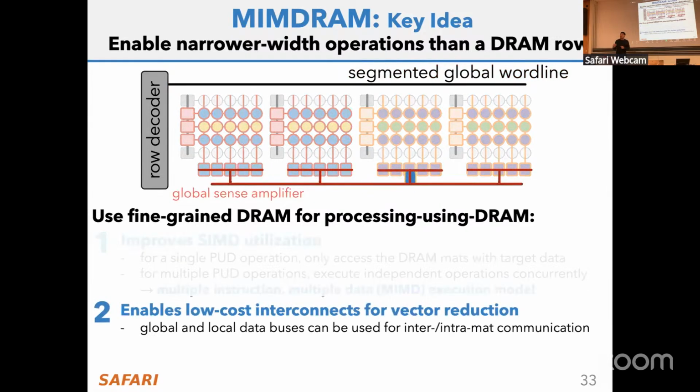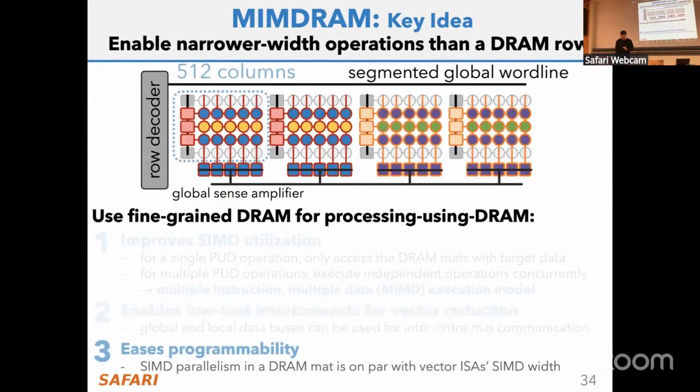This also allows us to do reduction operations inside the DRAM subarray. I'm not going to get into details on how this goes about because I didn't give the proper DRAM background, so just hopefully believe in me. It also allows us to ease programmability for this type of substrate. I don't know if you are familiar with vector programming in Intel or ARM processors, but over there we have SIMD engines that operate around 512 SIMD lanes.